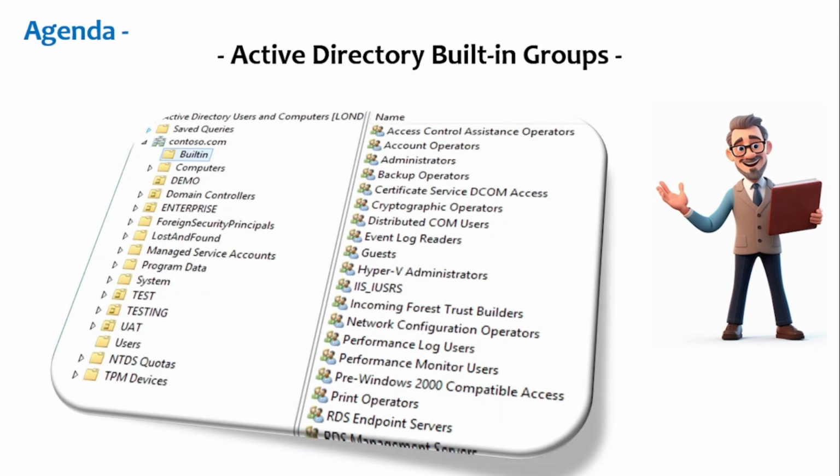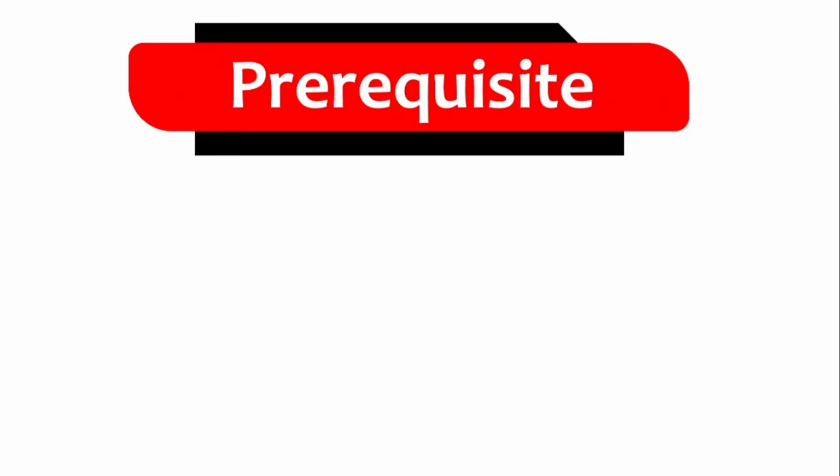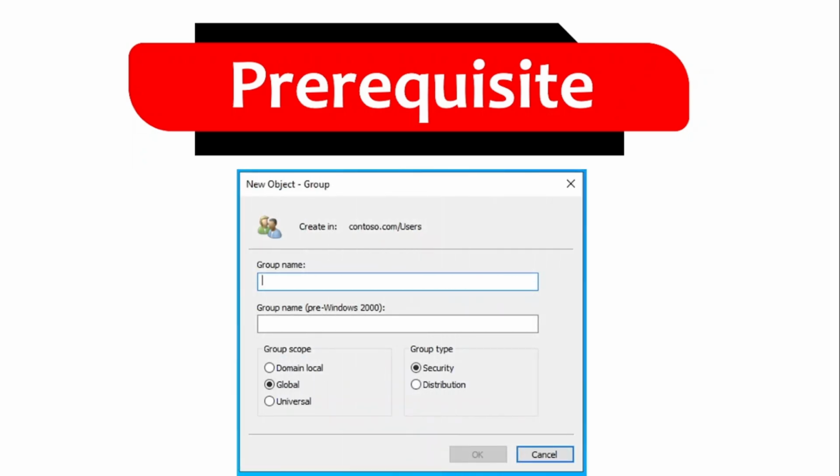So we will be taking a look at Active Directory built-in groups, and we have a prerequisite to understand these built-in groups: you must know Active Directory group types and their scopes.